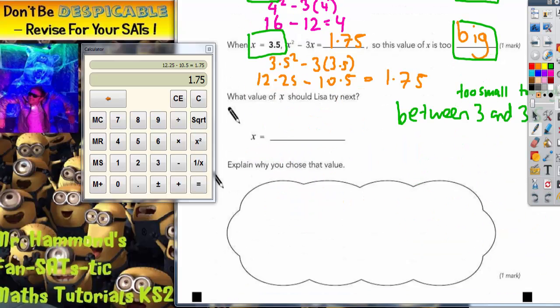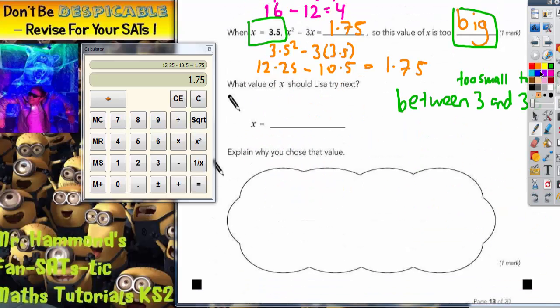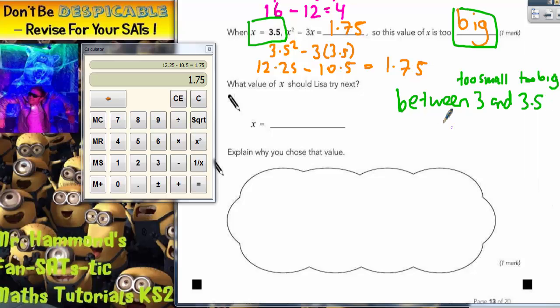So what could we try? Well, we could try 3.1, 3.2, 3.3, 3.4. There's no point trying 3 and 3.5 because we've already tried them. We know that 3 is too small and 3.5 is too big. Some people even like to try the number exactly halfway between those, and exactly halfway would be 3.25.